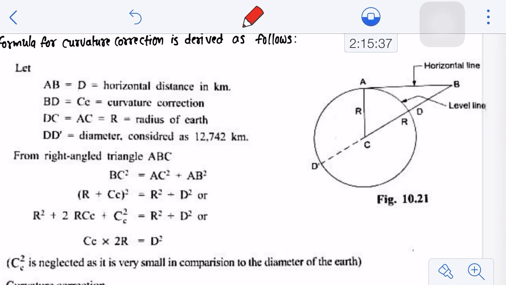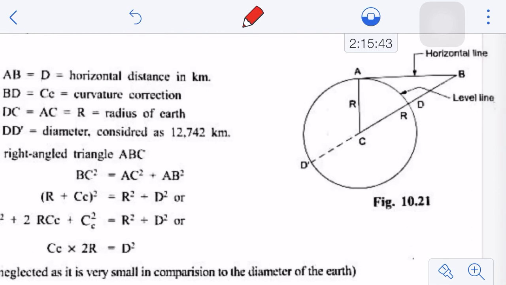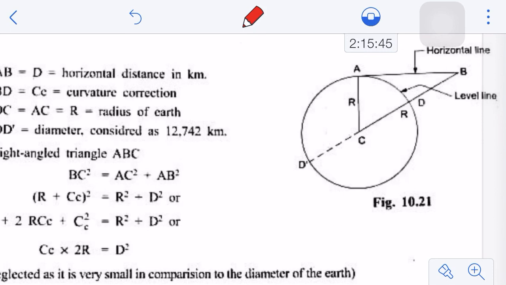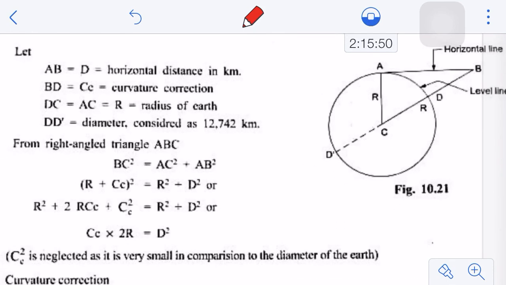BC is nothing but the radius of the earth plus the curvature correction, so BC square is R plus CC, whole square, as written here. Your AC square is the radius of the earth, that's why it is R square.